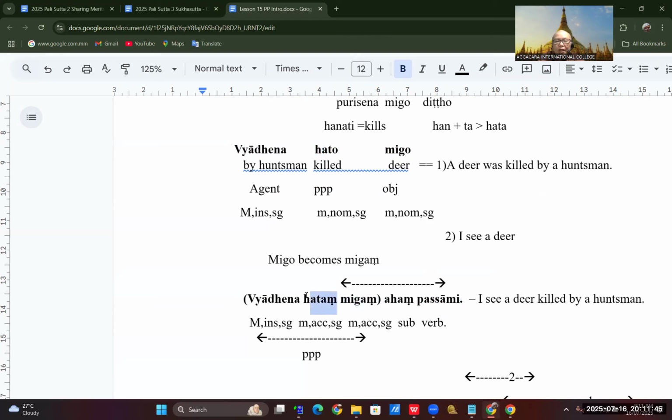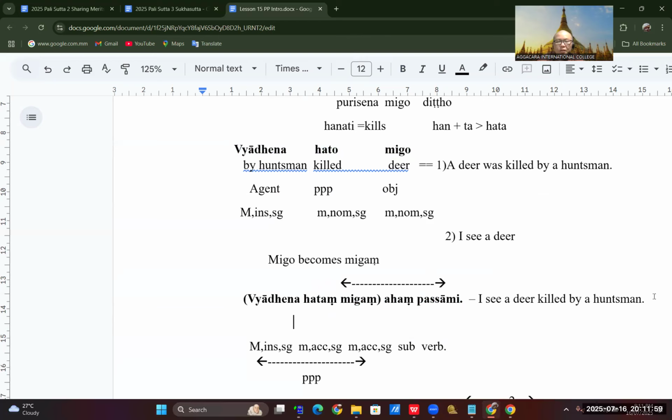It must change to hatam, because it must follow migam. Migam must be the object for aham. Aham is the subject, so migam must be the object. So that's why hato becomes hatam, and migo becomes migam.